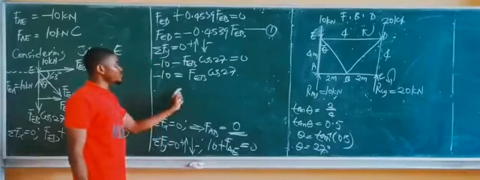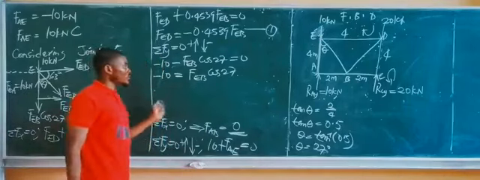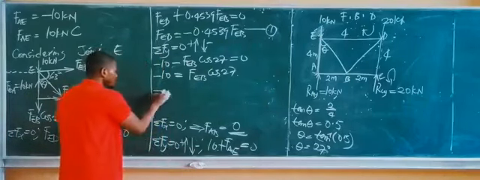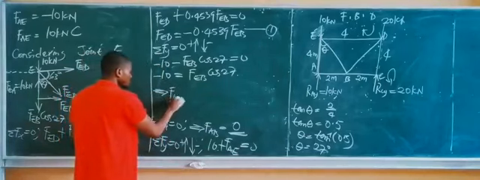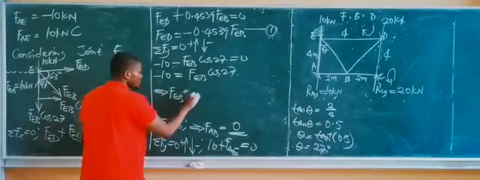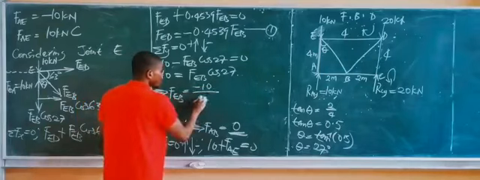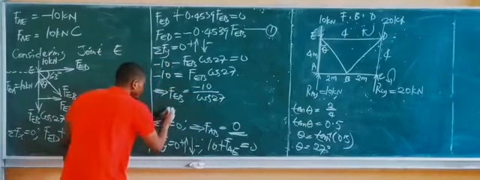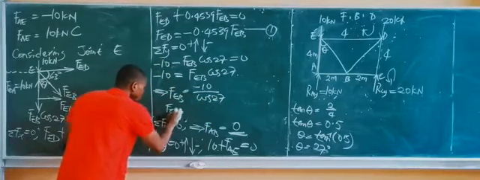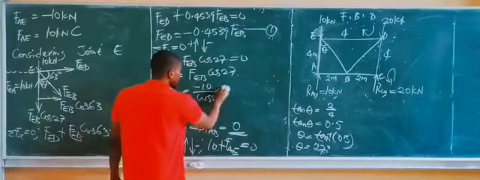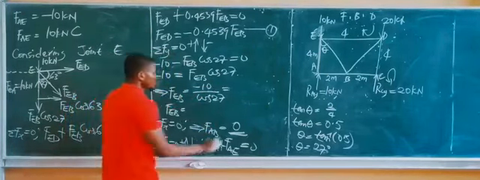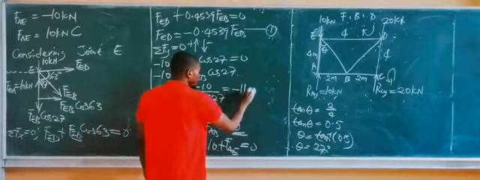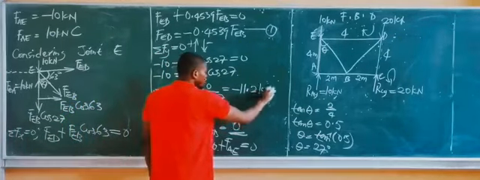So to make FEB subject, divide both sides by cos 27. That simply implies that FEB is equal to minus 10 all over cos 27. Therefore FEB is minus 11.2 kilonewtons.